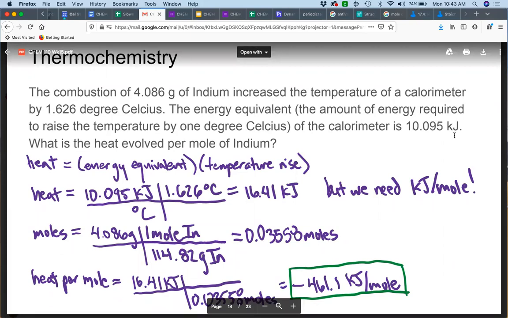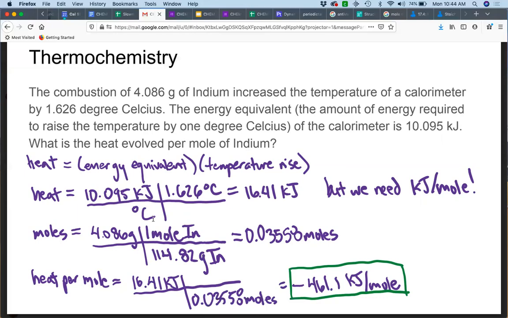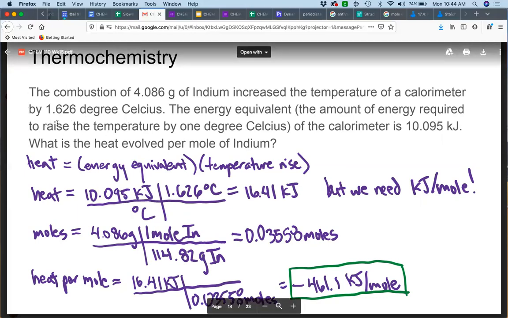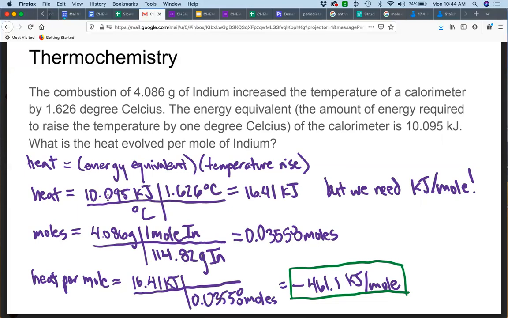I'm also told in the problem that that's the amount of energy required by 1 degree Celsius. So this is kilojoules per degree Celsius. I'm also told what the change in temperature is. In this case, 1.626 degrees Celsius. So I need to multiply these two together so that my degrees Celsius cancel and I'm left with kilojoules.